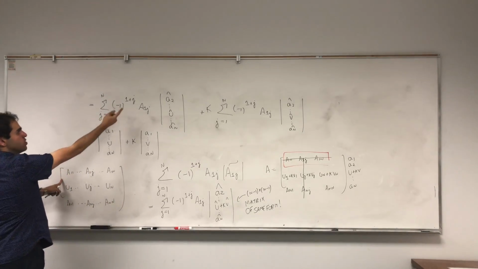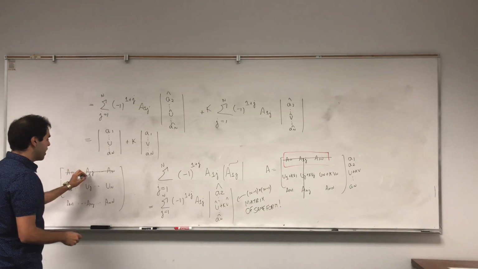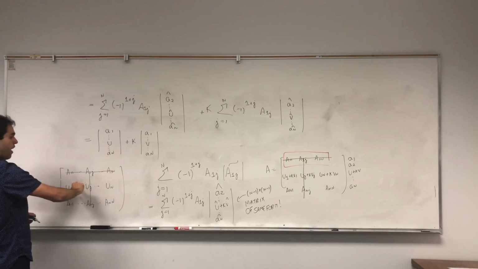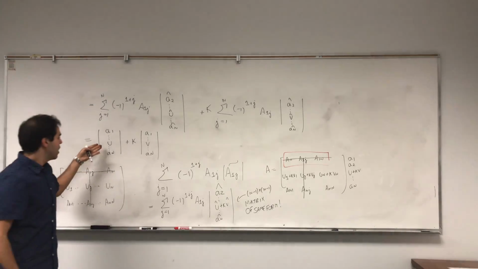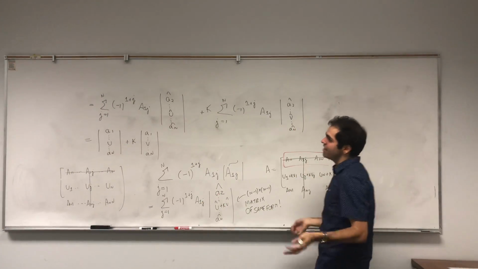We still have minus 1 to the 1 plus j, A1j, and then you remove the first row, and you just remove the jth entry of all the remaining rows, and you get precisely this formula. So indeed, we are done.